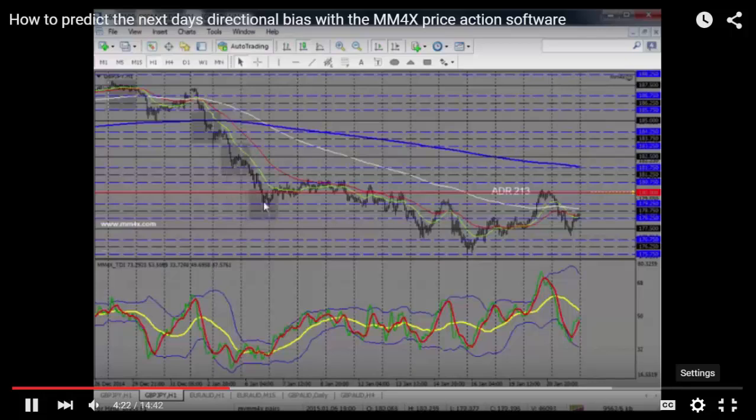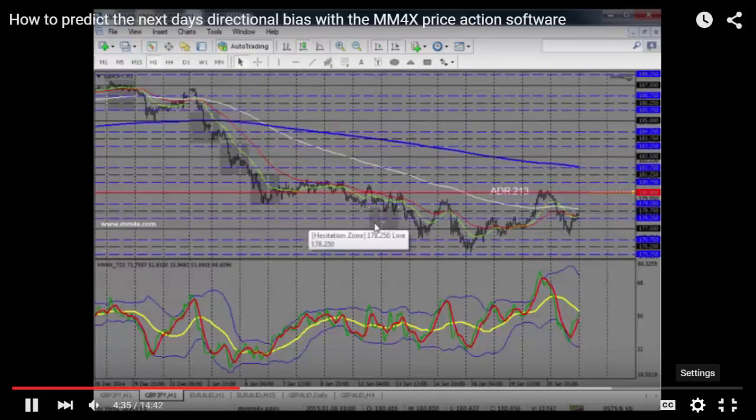And I'll do that, and what I'm looking for is a story. Because the MM4X software has these price points built into it, it's relatively easy to read the story. And so I will line these boxes up with the basic cycle. So we have 1, 2, 4, 5, 6, 7, 10, 11, 12, 13, 14.